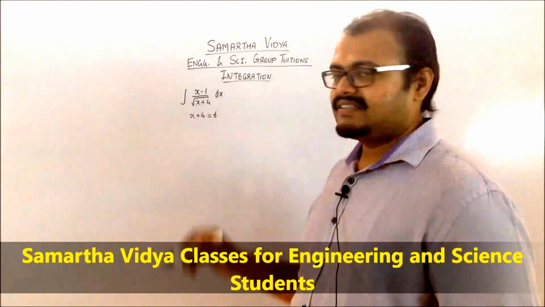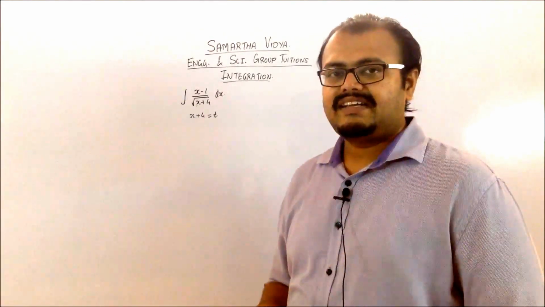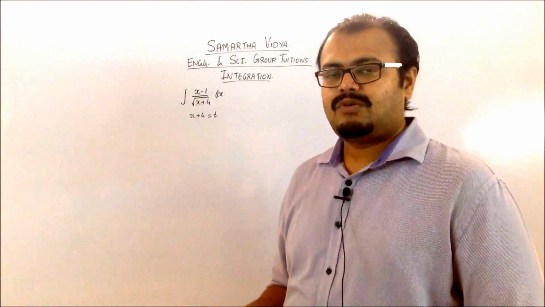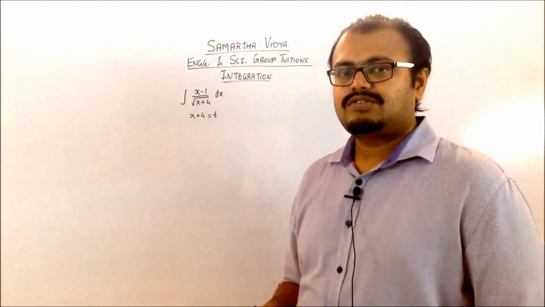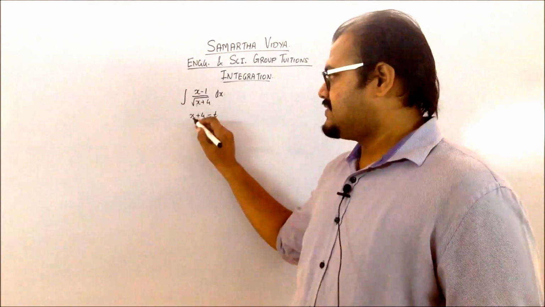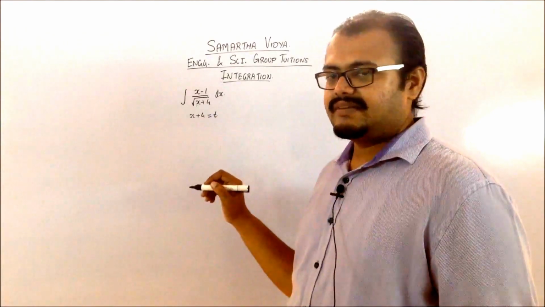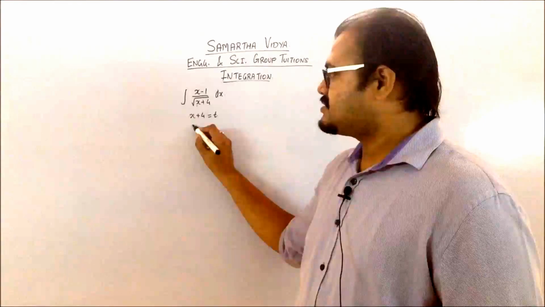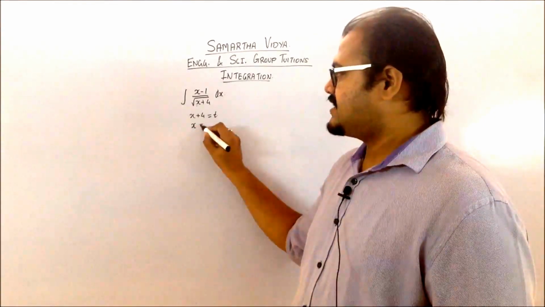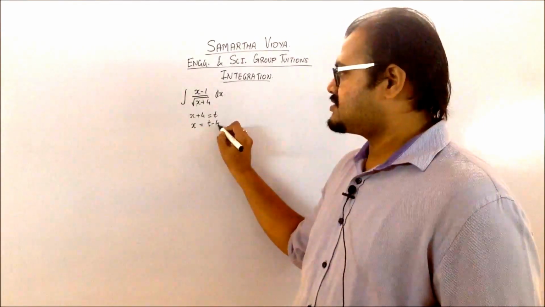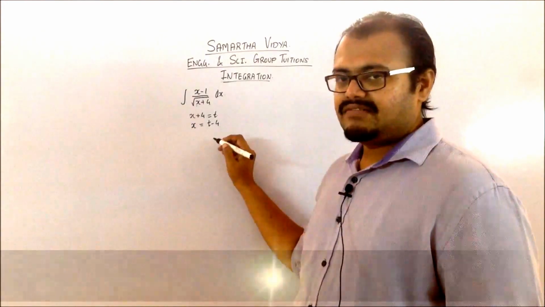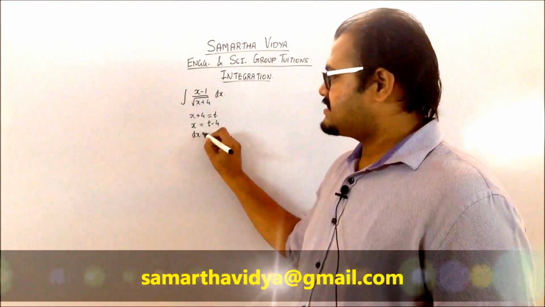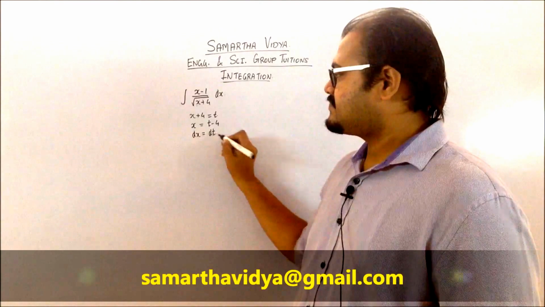Mind you, I am not taking the root with it, because then you would have a more complicated term. To avoid that, we take the simpler one, that is x plus 4 equals t. From this I need to express x in terms of t, so x is going to be t minus 4. Taking the derivative, you get dx equals dt.